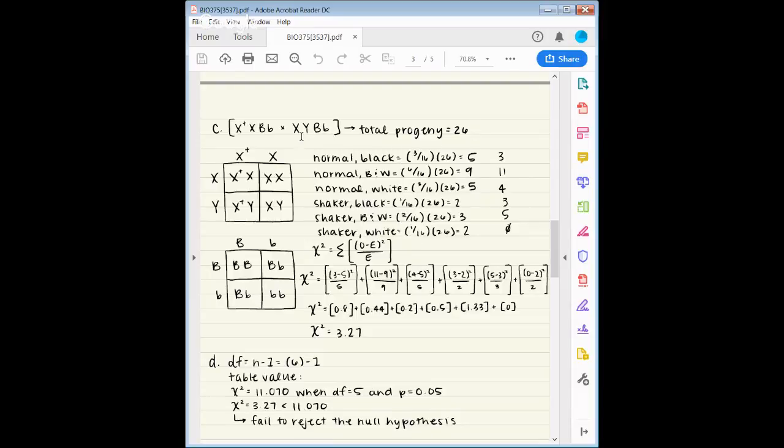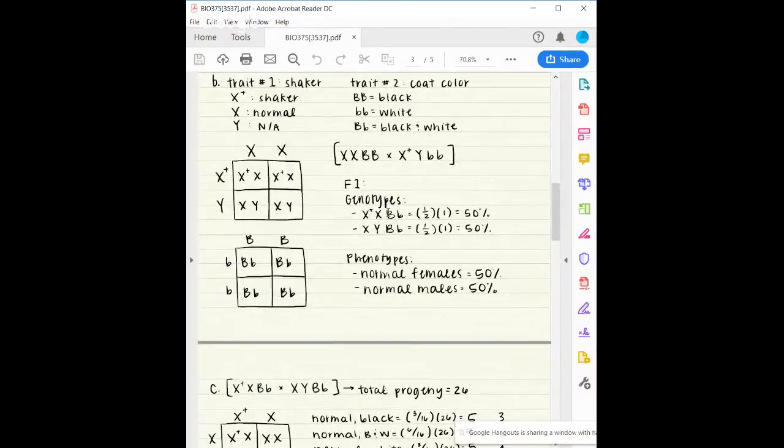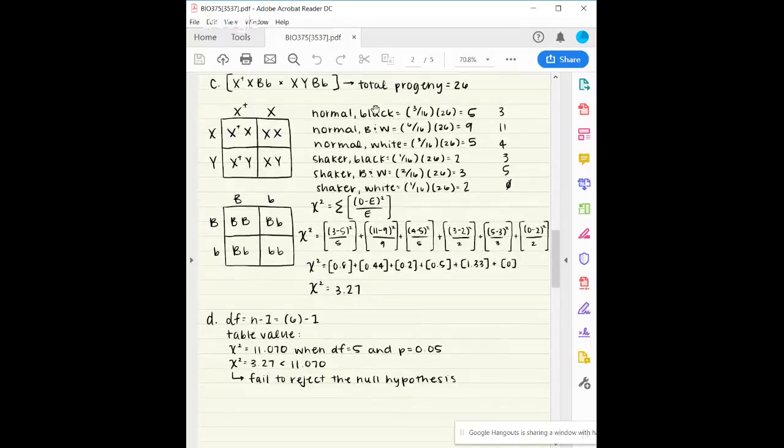I crossed the 2 genotypes that we just got from the last cross, and I found their probabilities: 3/16, 6/16, 3/16, and then 1/16, 2/16, and 1/16. I multiplied it by the total number of progeny, which was 26, and I got the values 5, 9, 5, 2, 3, and 2. I used the same formula as described above. I won't describe it again, to avoid redundancy, but I ended up getting 3.27.